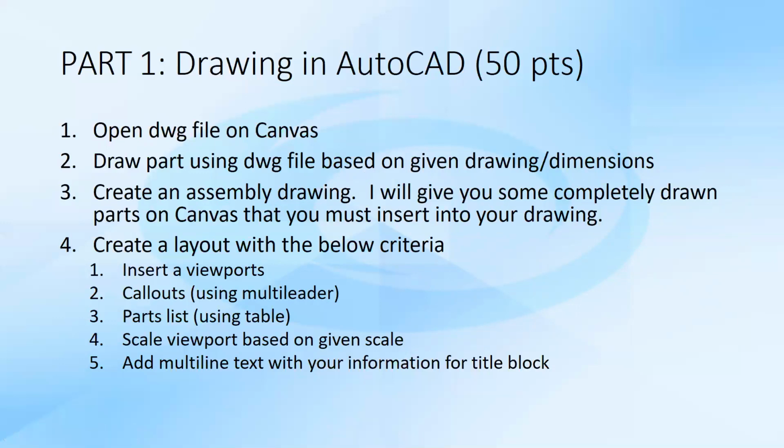Then after you assemble those parts together, you are going to click the layout tab or one of the layout tabs and make sure you know how to insert a viewport. Make sure you know how to add callouts showing the part numbers. So for the part callouts, you'll use multi-leaders. Make sure you know how to change the style of the multi-leader so it has circles around the parts.